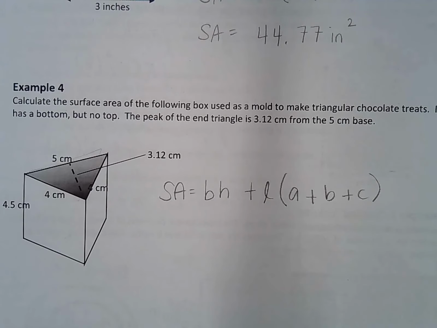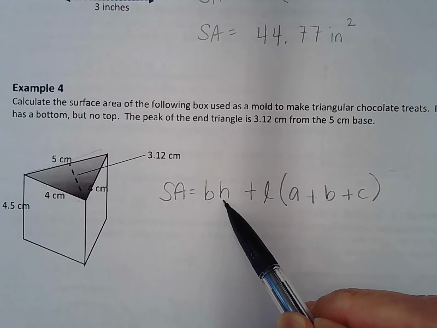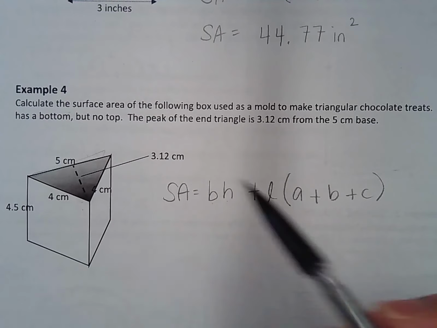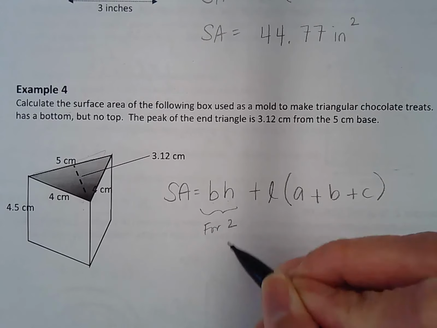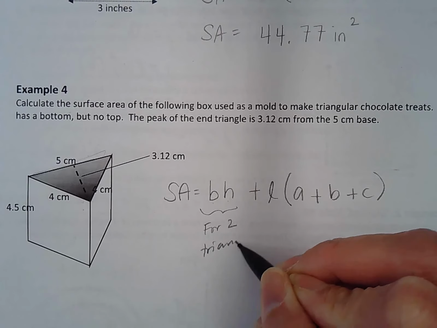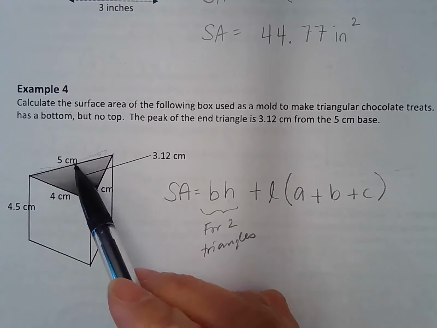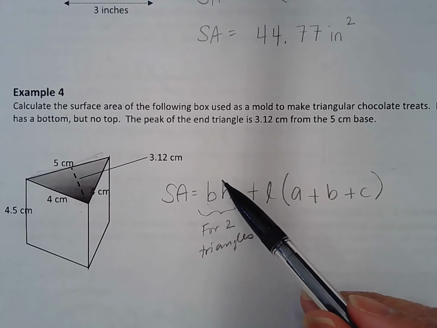Now B times H, base times height, this part is for 2 triangles. So base times height, that's for the 2 triangles.